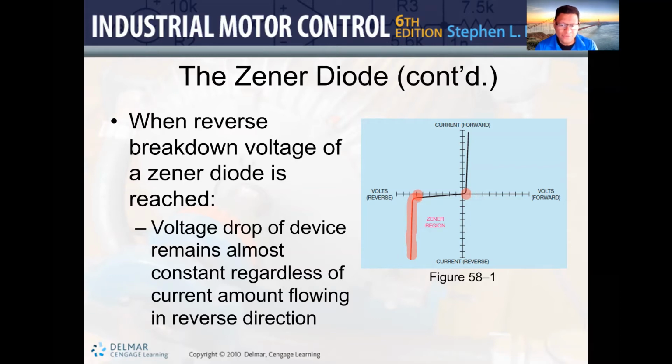So when it reaches the 12 volts, it's going to allow a huge amount of current to flow through it, and anything which is connected in parallel with the diode will have a constant 12 volts, because it is a rule that in parallel, voltage always stays the same. And there's nothing that we can do to break that rule. That's pretty much the law that we are going to be navigating in. Any questions about that?